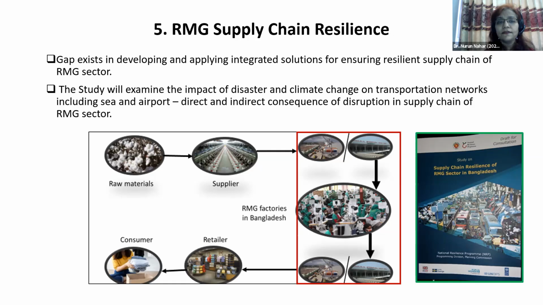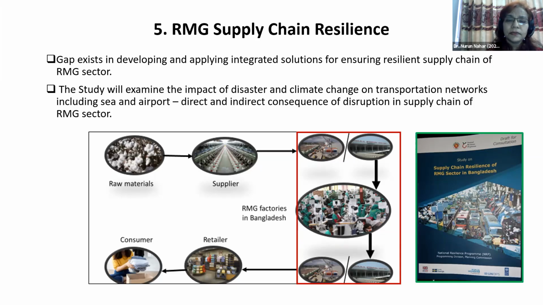Is it resilient enough if we consider the disasters that we will be facing in the near future due to climate change? So this study was conducted in a very selected way on the supply chain of the ready-made garment sector in the Dhaka area and the Chittagong area. What are the costs incurred in case a major flood happens?